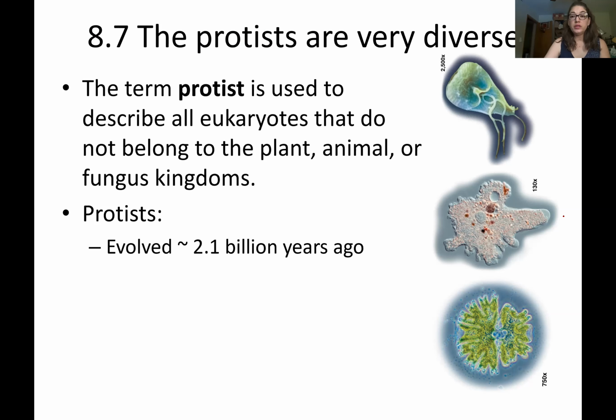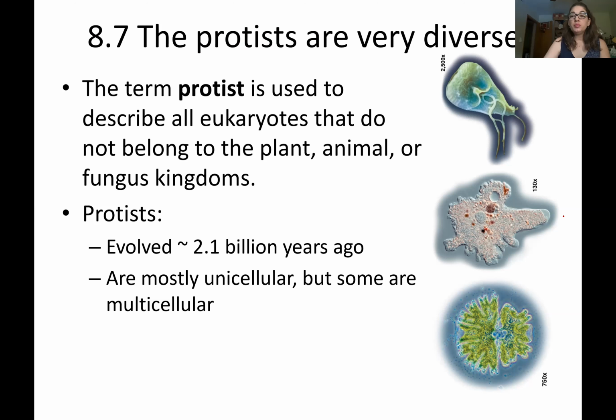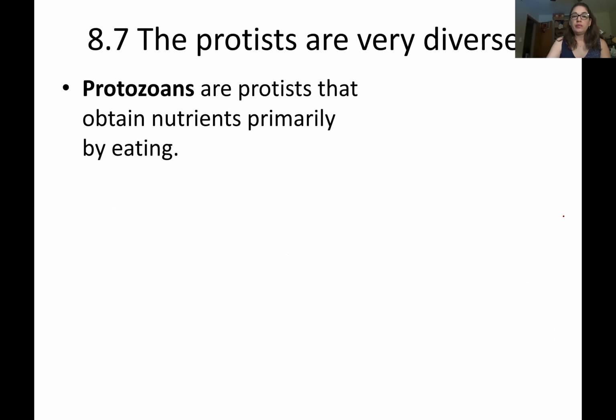We do see single-celled organisms in the fossil record. Most protists are going to be single-celled organisms. Some will be multicellular. We'll talk about one major example of that as we continue on. Actually, a couple examples of that. They are all eukaryotes. So protists are eukaryotes who have that membrane-bound organelle. They're larger and more complex.